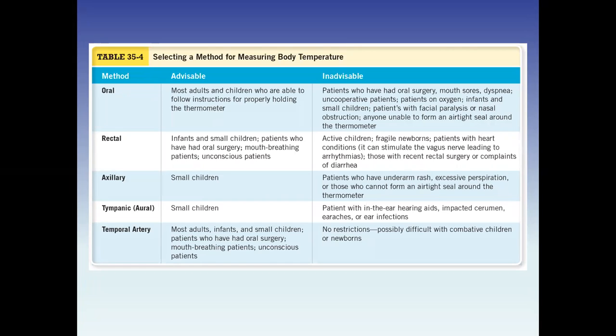Rectal is for infants and children, and for patients who have had oral surgery, mouth breathers, and unconscious patients. Axillary is for small children. Tympanic is also for small children, and it is placed in the ear. The temporal artery is mostly for children and infants and small children, patients who had oral surgery, mouth breathers, and unconscious patients.